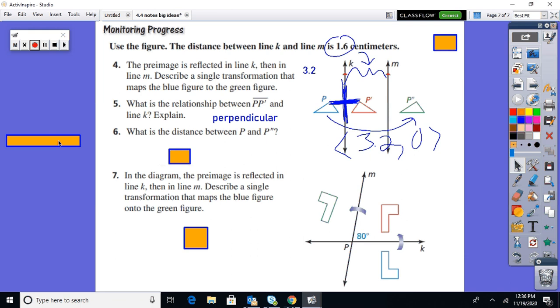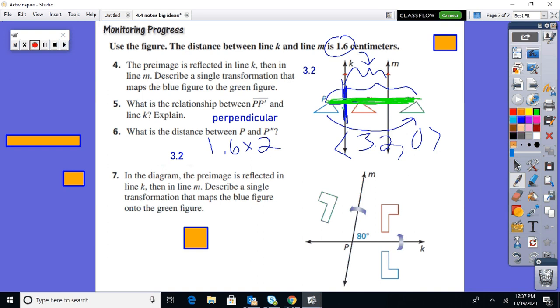And then the distance from P to P double prime, of course, is just take your 1.6 and double it to get 3.2. So the distance from P to P double prime would just be doubling the distance between the parallel lines.